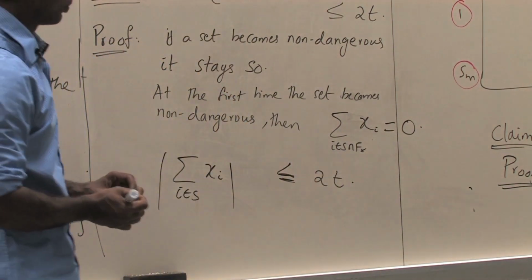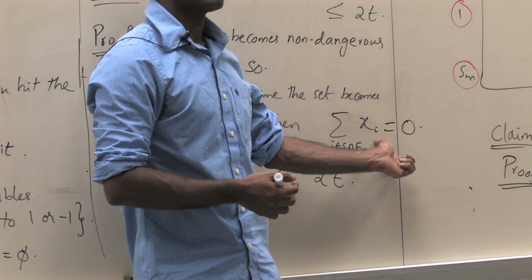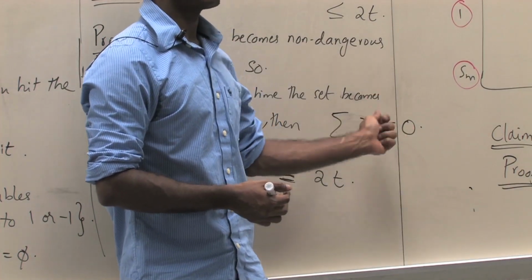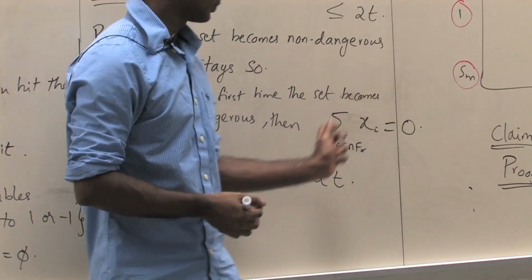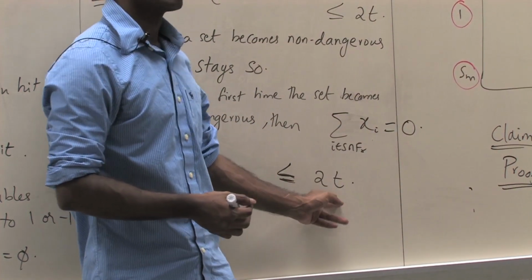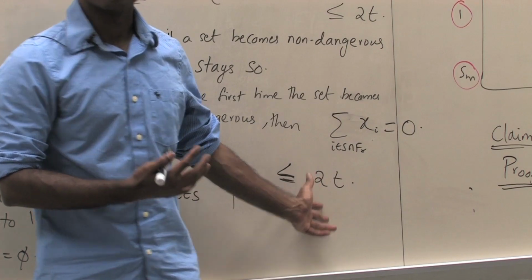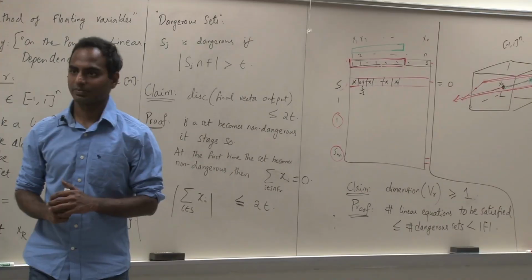Because I start out with 0, and there are t things that I'm changing, and each changes by at most 2 or -2, the net sum is going to be at most 2 times t, which is what we wanted. Okay?